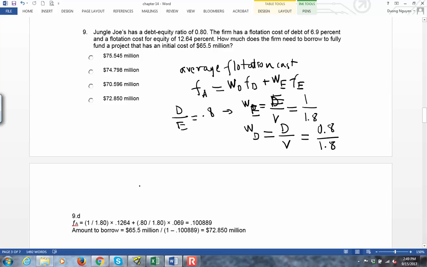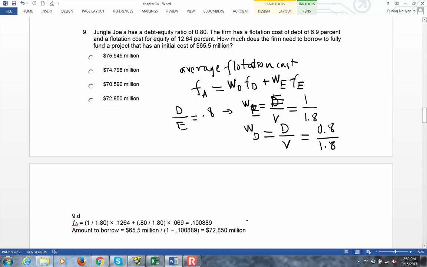Okay, so now you put in the formula, you should be able to get the average flotation cost, which is the weight of equity 1 over 1.8 times the flotation cost for equity, which is 12.64, plus the weight of debt 0.8 over 1.8 times the flotation cost for debt, which is 6.9%, and the answer is about 10% average flotation cost.